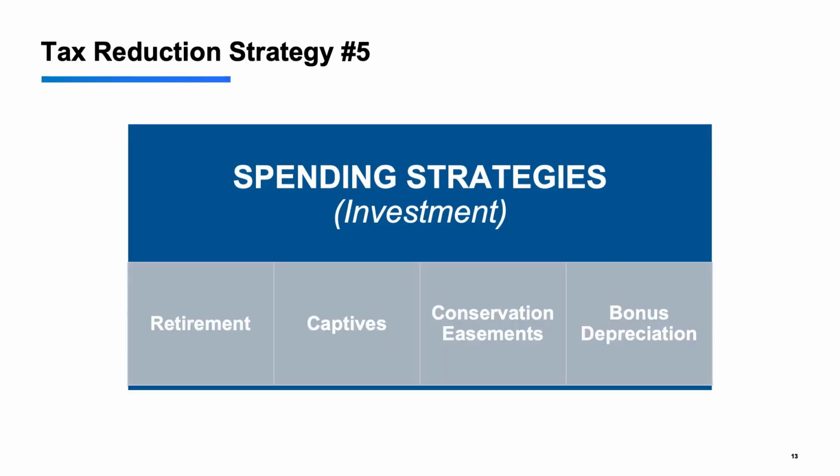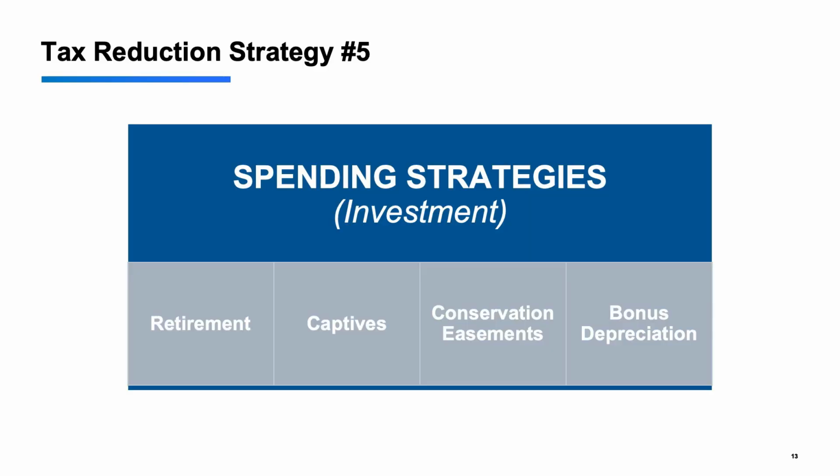Now, in a spending strategy, you're probably familiar with retirement planning, and you probably well know that you can make a contribution to a retirement plan or say a pension plan, and sometimes in the hundreds of thousands and even millions of dollars can act as a tax deduction for today.